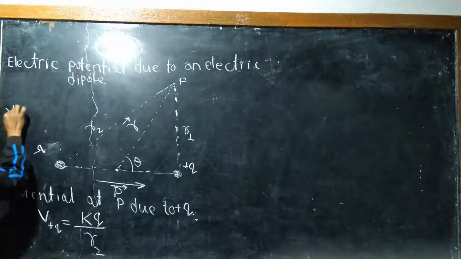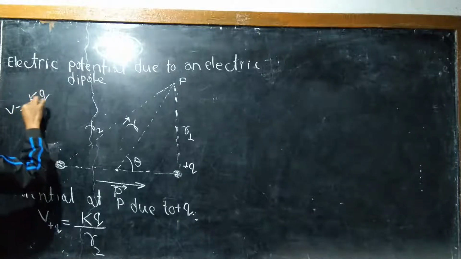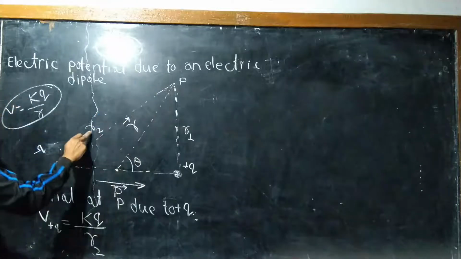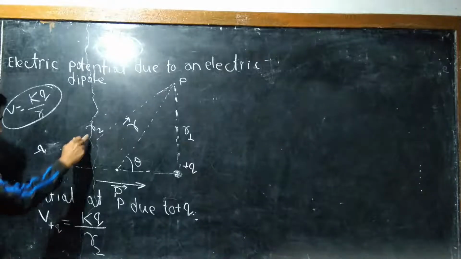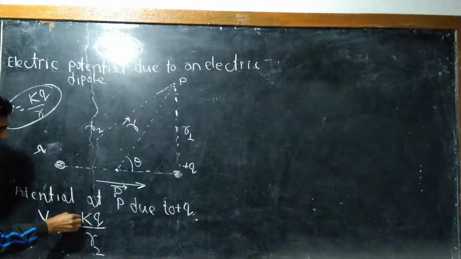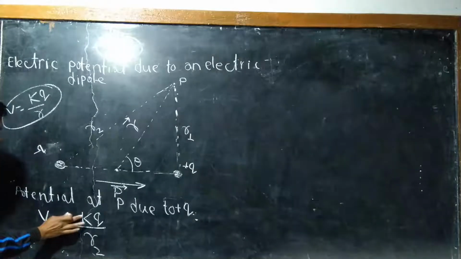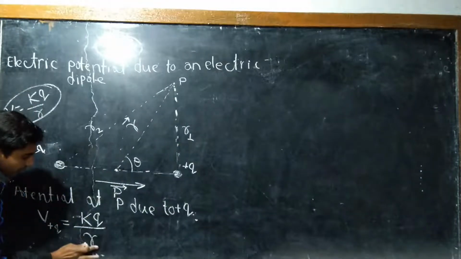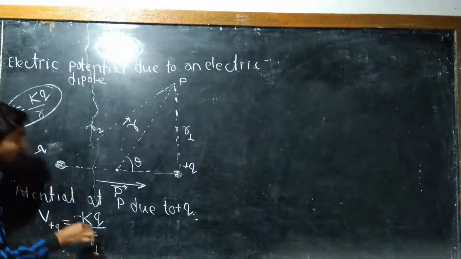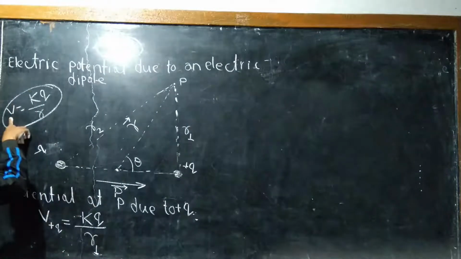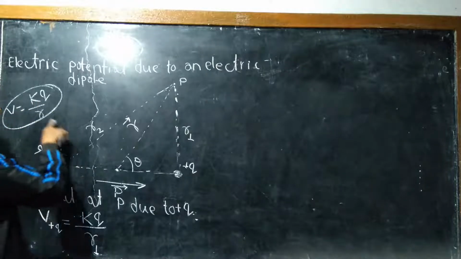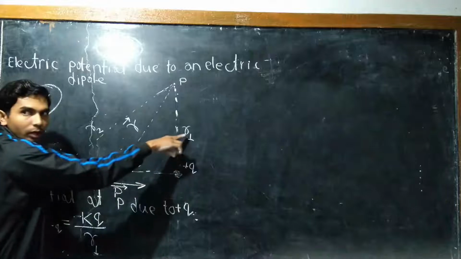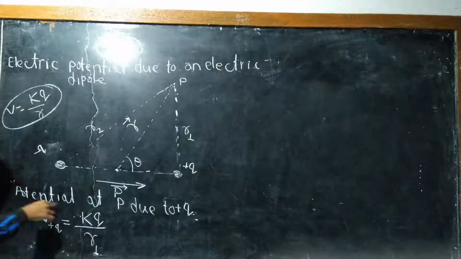Because you know the formula of potential is KQ by R, right? So this separation is how much? R2, right? Sorry, we have to take R1, right? You know the formula V is equal to KQ by R, and R is the separation between those 2 points. So this separation is how much? R1, right? So we can write like this.